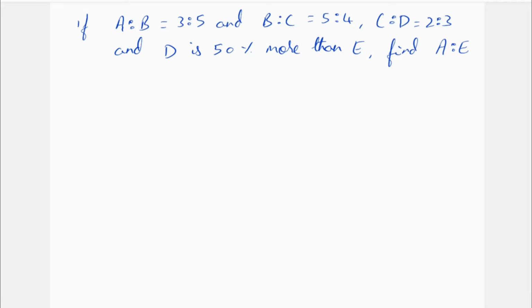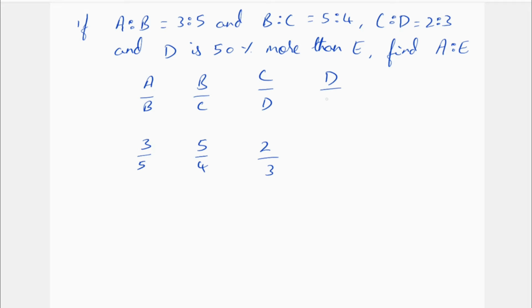Now this may seem slightly complicated, but it's actually not. Let us first write down what they have given. I'll be putting it in this manner. a by b is 3 by 5. b by c is 5 by 4. c by d is 2 by 3.